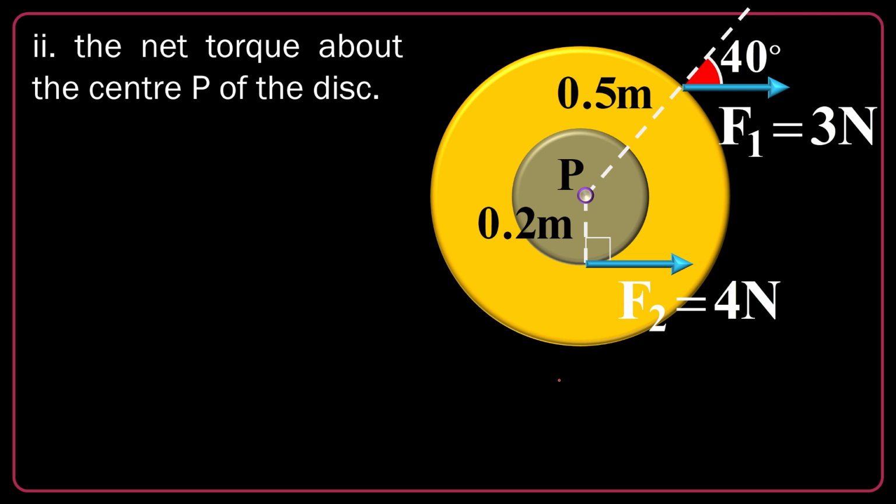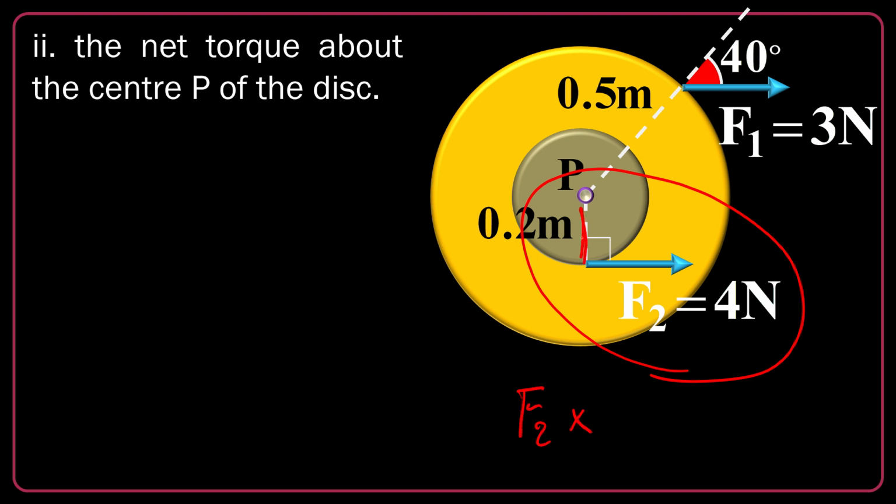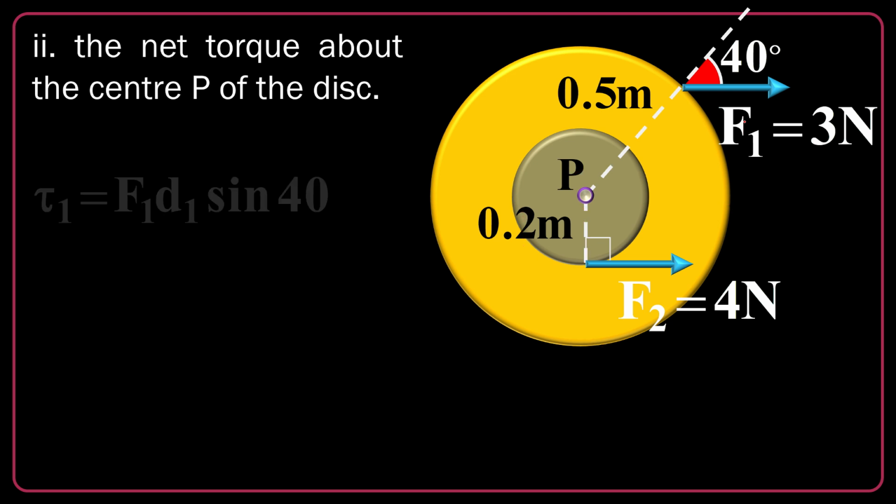The net torque about the center P of the disk. For F2, it's very easy because the torque is found by using F2 times the distance, because it's normal to that. So it's R2. Done. But about F1, I should make a small tweak, because this is 40 degrees and F1 is not perpendicular to this radius.